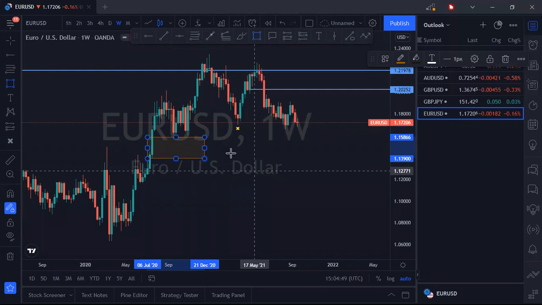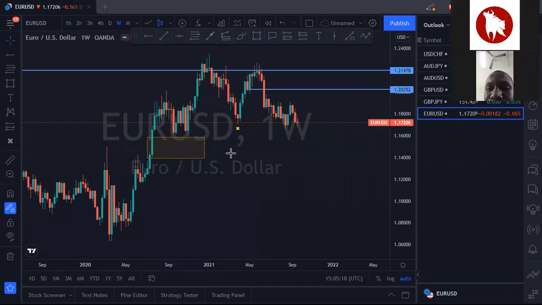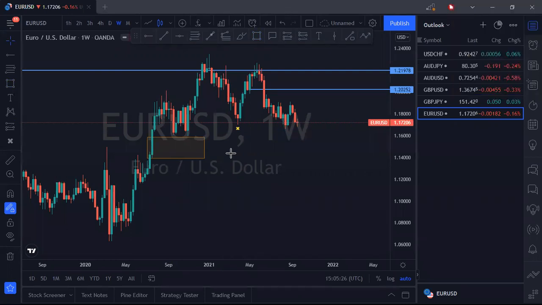Because the overall order flow is bearish. Yeah, the overall order flow is bearish. So that is it for the weekly.